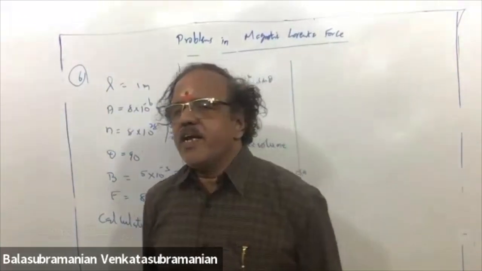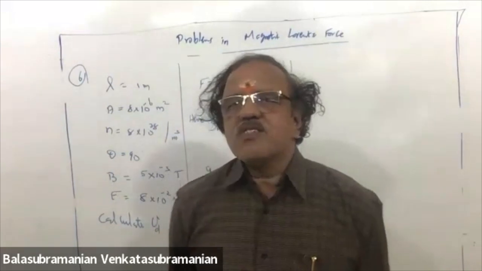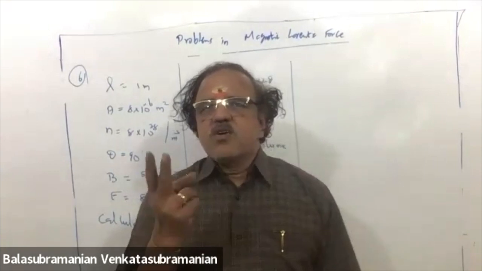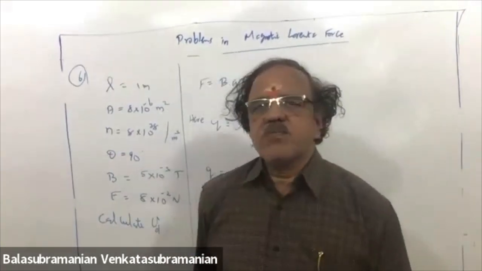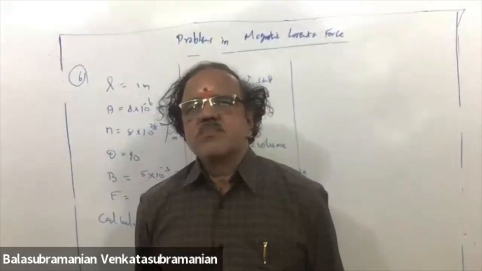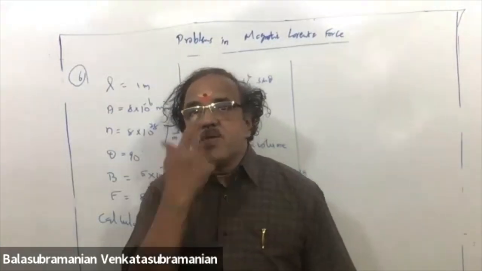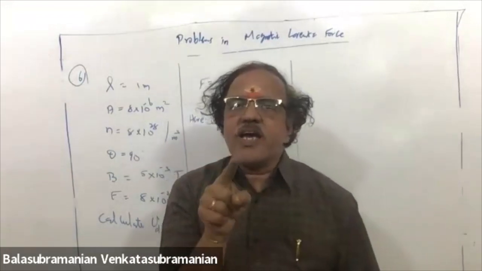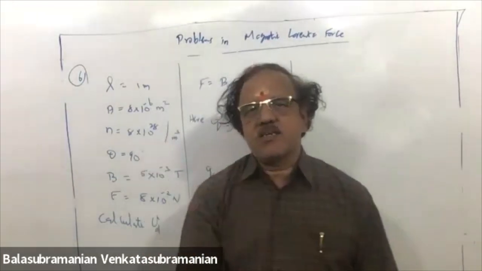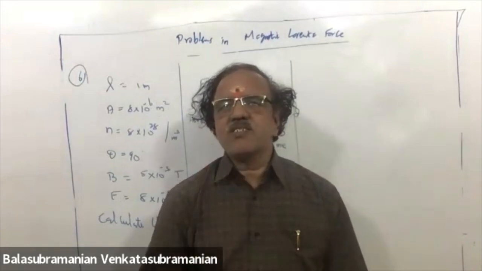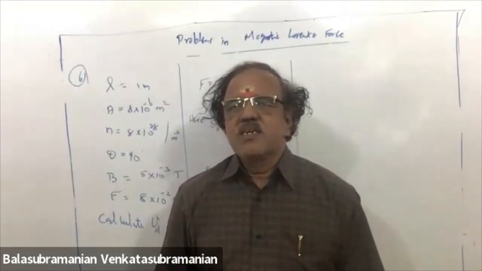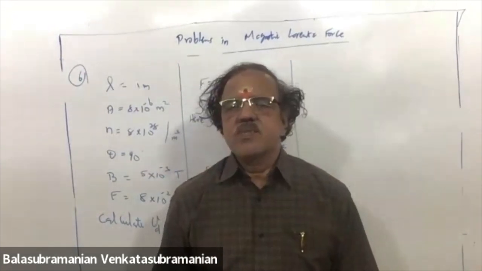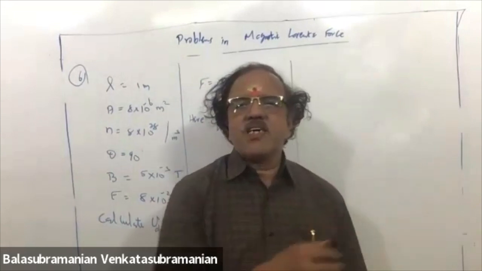In IIT, JEE or NEET, they will ask what is logically wrong in this problem. Because Coulomb's inverse square law we have studied. In Coulomb's inverse square law, 1 coulomb of charge experiences a force of 9 into 10 power 9 Newton. One body only should carry the charge.